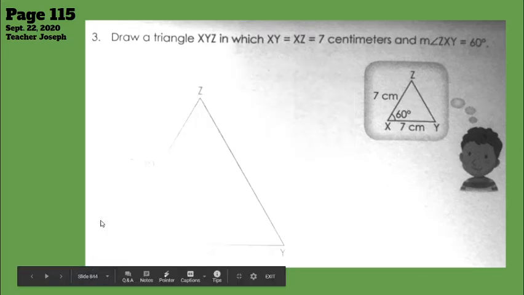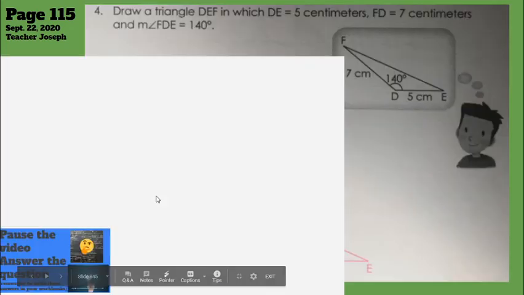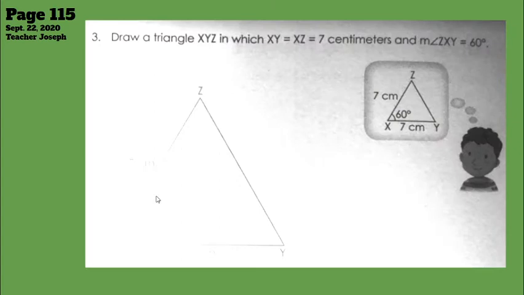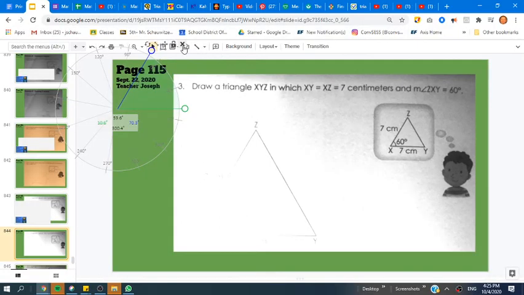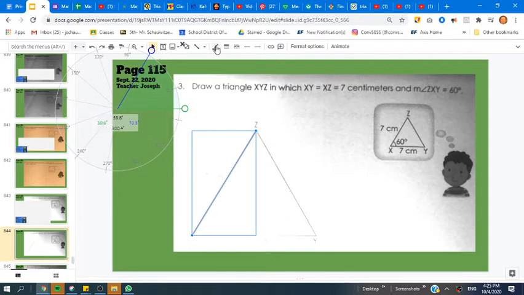All right, hopefully you paused the video and you checked this one out. It's kind of hard to see, boys and girls, and I apologize for that. Let me actually draw this a little bit better so that you can see it. So if you draw this again, you have the measure of ZXY. So you have those two lines right there.